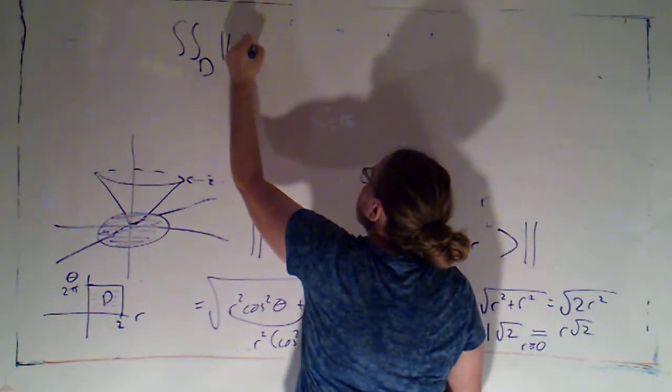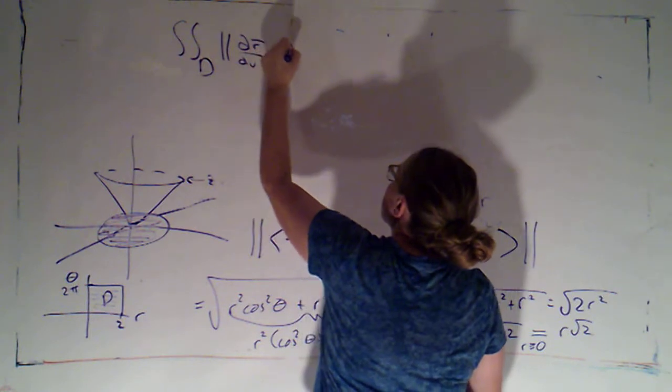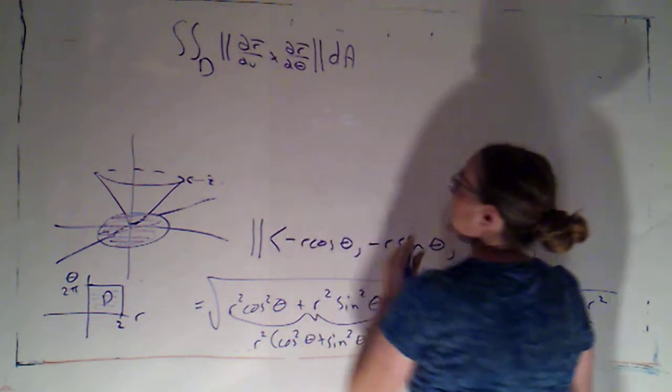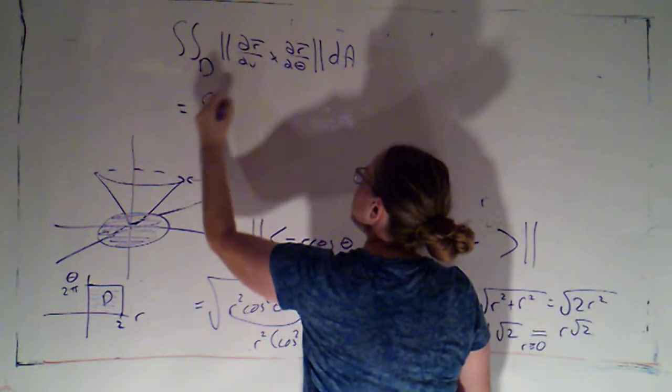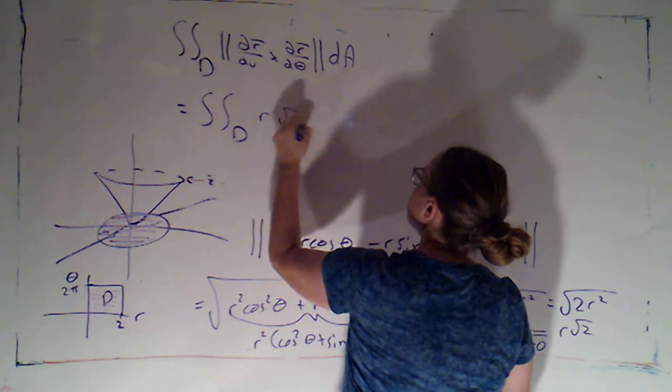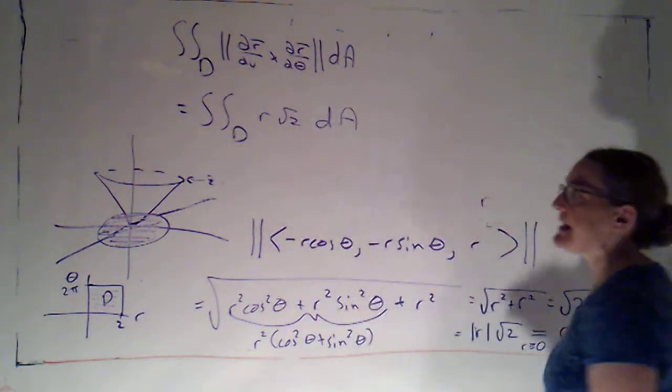The magnitude of del r crossed with del r del theta dA. That's just going to be the double integral over D of r root 2 dA.